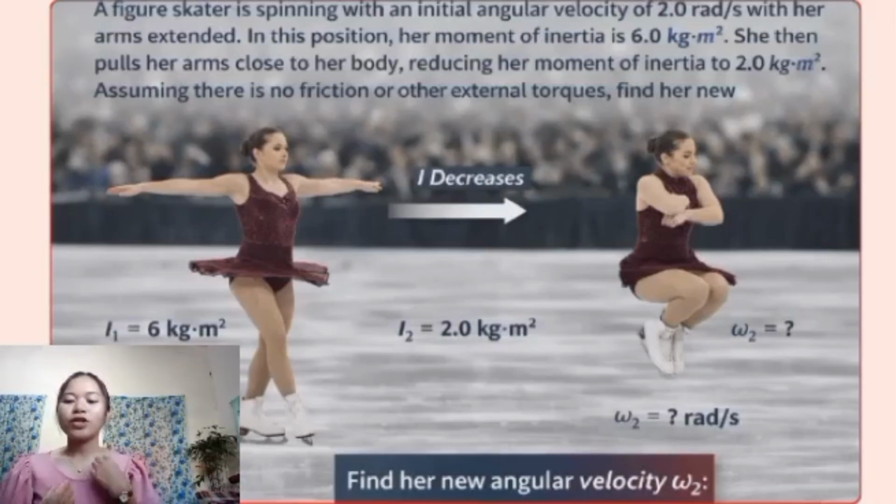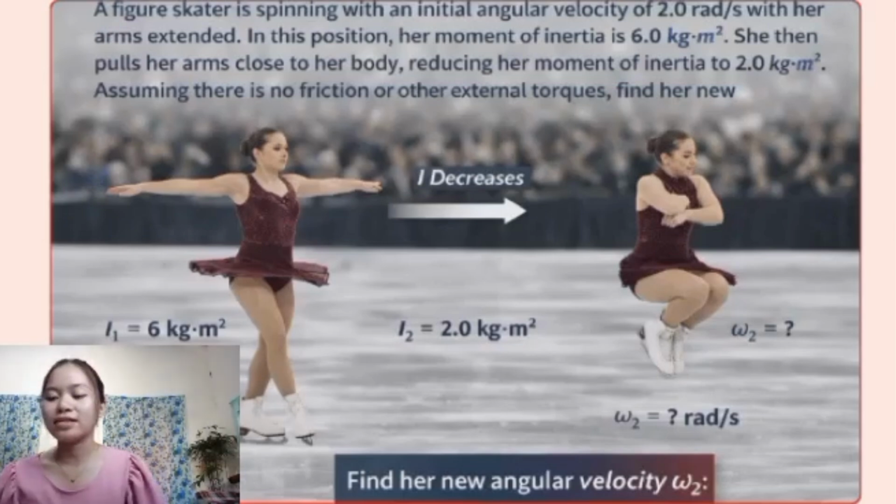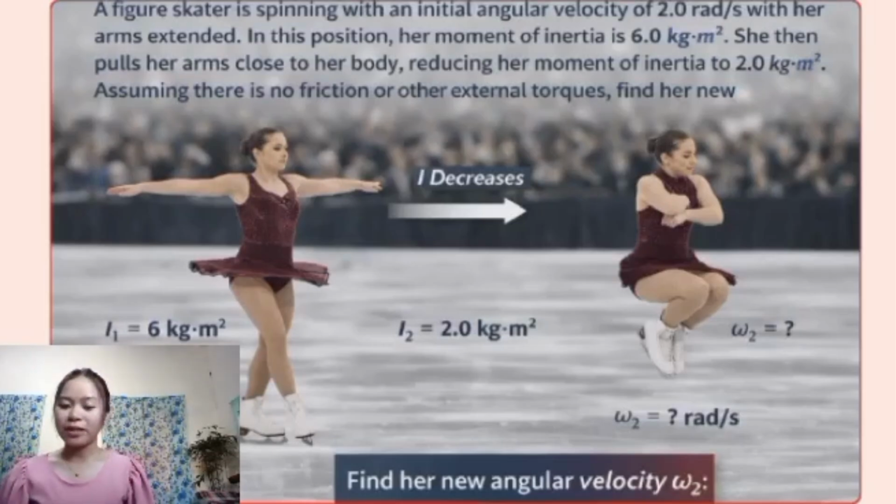In this position, her moment of inertia is 6.0 kg/m². She then pulls her arms close to her body, reducing her moment of inertia to 2.0 kg/m². Assuming there is no friction or other external torques, find her new angular velocity.